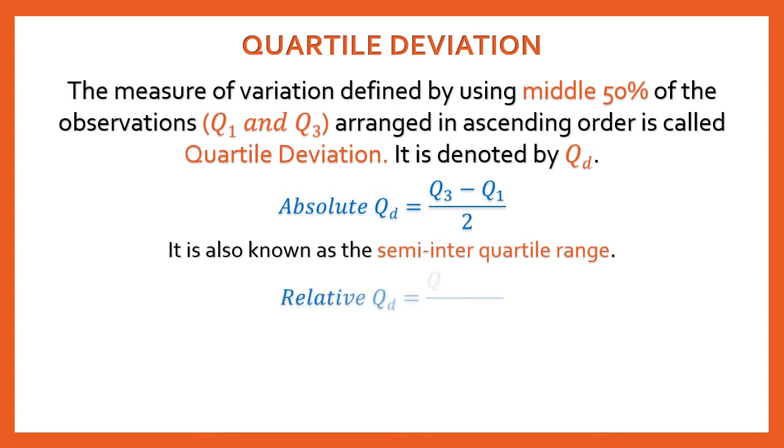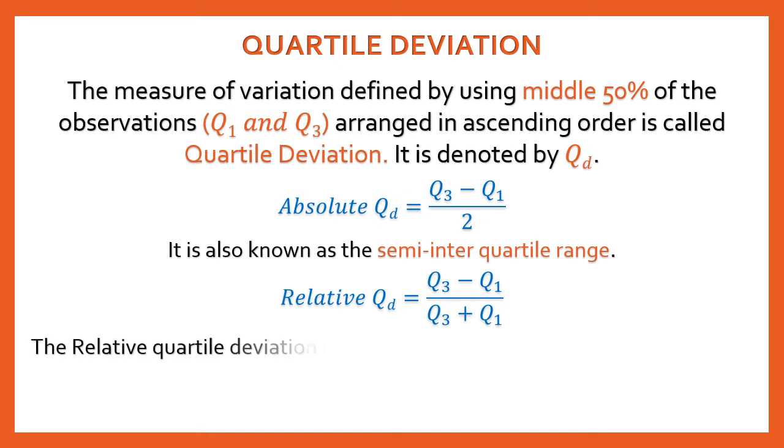Next, the relative quartile deviation, that is Q3 minus Q1 divided by Q3 plus Q1. This is similar to how we calculated the relative range, where it was highest minus lowest divided by highest plus lowest. So this is again the same thing: Q3 minus Q1 divided by Q3 plus Q1. That's going to be our formula for relative QD, and the relative quartile deviation is also known as the coefficient of quartile deviation.